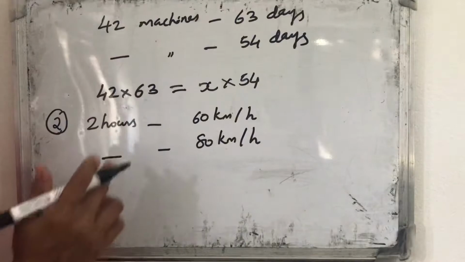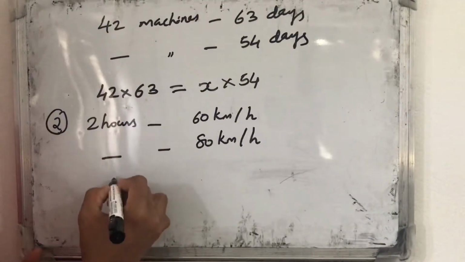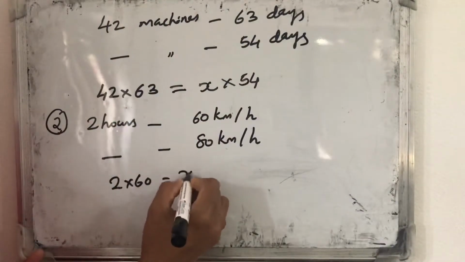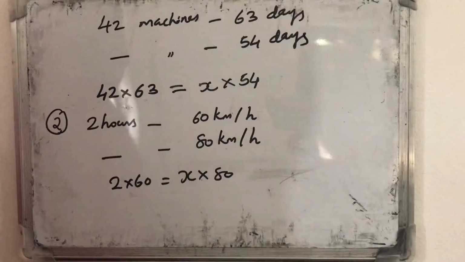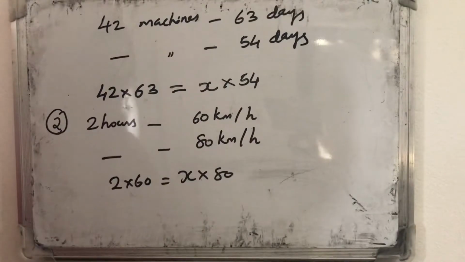So we can use the same way, x1 y1 is equal to x2 y2, that is 2 into 60 is equal to x into 80. From that we can find out the value of x. Very easy.